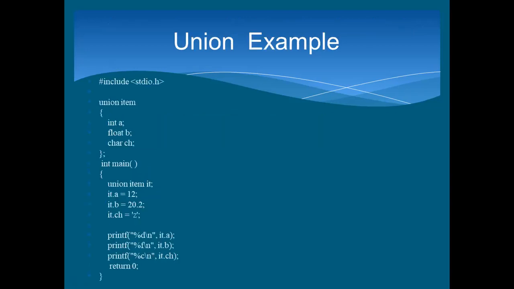Here I'm going to take one example. I'm going to take a union of type item and declare a variable named it. So it.a equals 12, it.b equals 20.2, it.ch equals z.